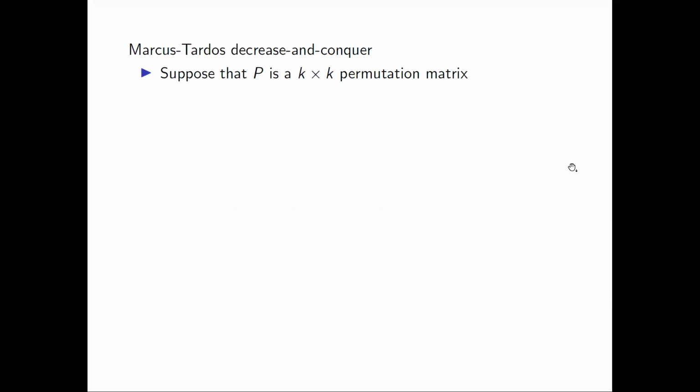And the idea of the Marcus and Tardos theorem is going to be kind of similar to what we saw with the proof from Klazar in the last video. So Klazar's proof, where he showed that the Füredi-Hajnal conjecture implies the Stanley-Wilf conjecture, used a decrease and conquer technique where he took a 0-1 matrix and partitioned it into a bunch of smaller 0-1 matrices.